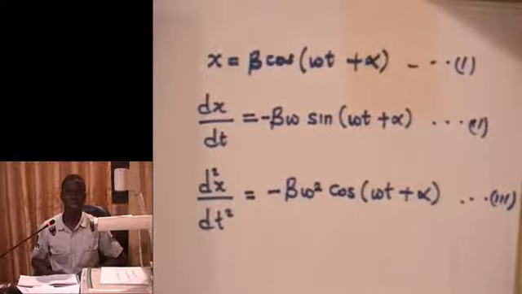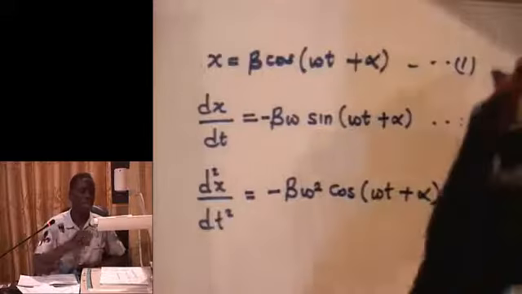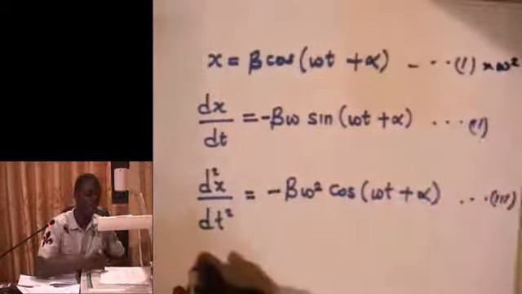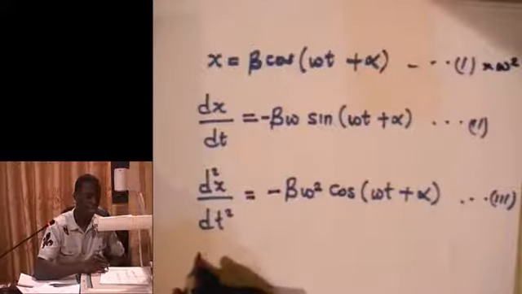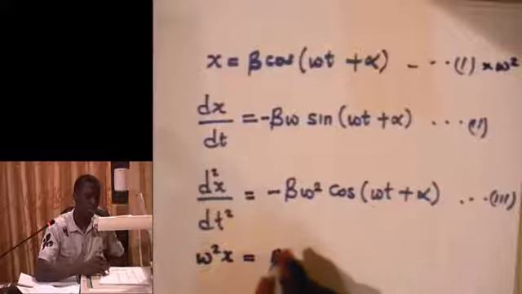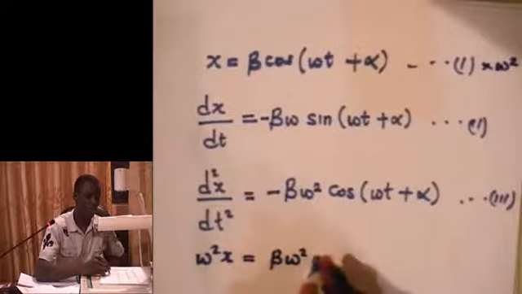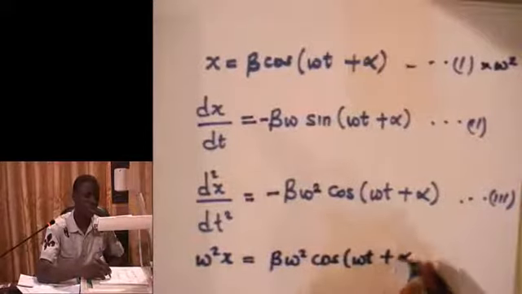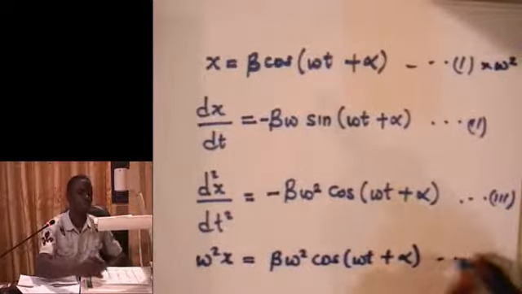Can you see that? Multiply equation 1 by omega squared. We have omega squared x equals beta omega squared cos(omega t plus alpha), equation 4.